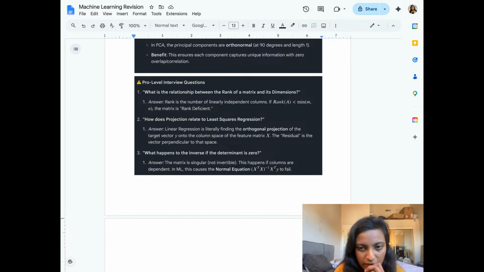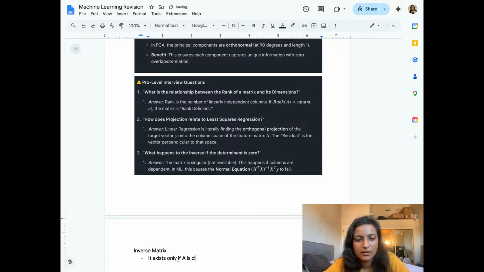There is another concept of inverse matrix. An inverse matrix exists only if A is square and non-singular, that is, the determinant is not equal to 0.